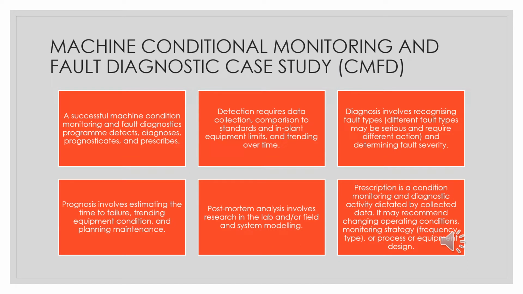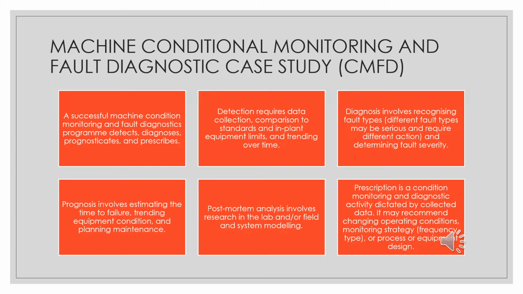The next slide will be the machine condition monitoring and fault diagnostic case study, CMFD. A successful machine condition monitoring and fault diagnostic program detects, diagnoses, prognosticates and prescribes. Detection requires data collection, comparison to standard in-plant equipment limits and trending over time.